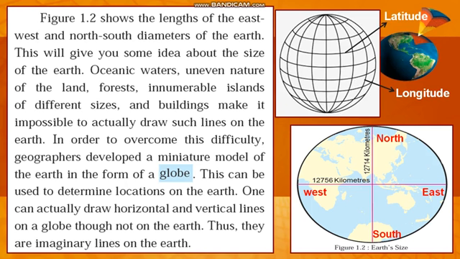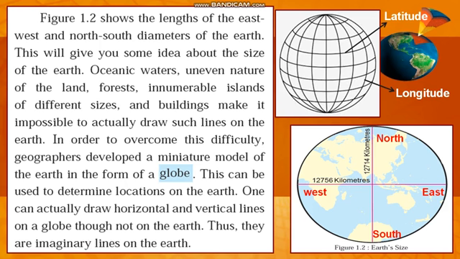But originally the Earth's surface is uneven because of islands, forests, mountains, oceans, man-made buildings, etc. It is impossible to draw the latitudes and longitudes on the Earth's surface. So, geographers developed a miniature model of the earth, that is a globe. So, on a globe we can draw the latitudes and longitudes.